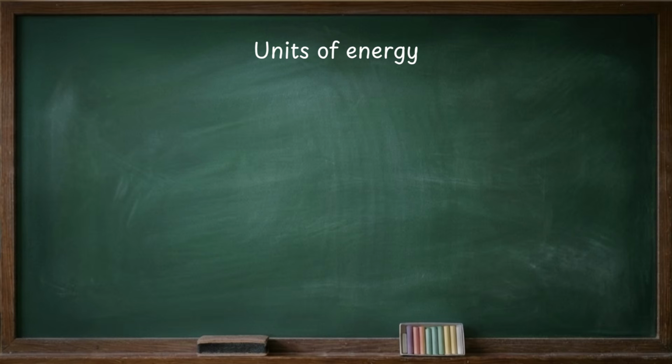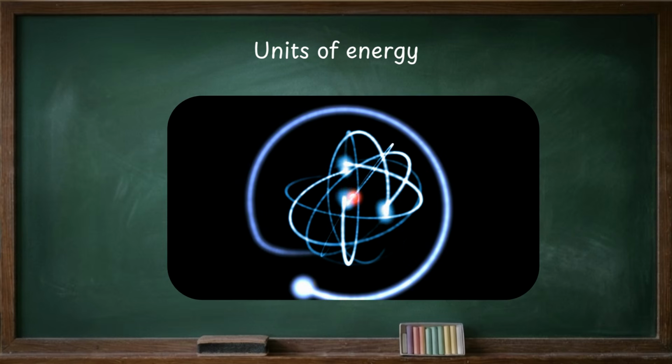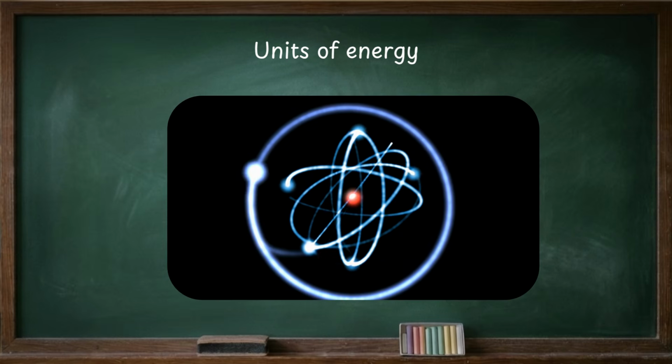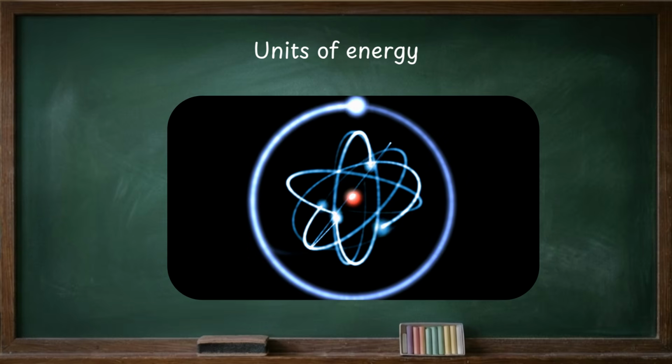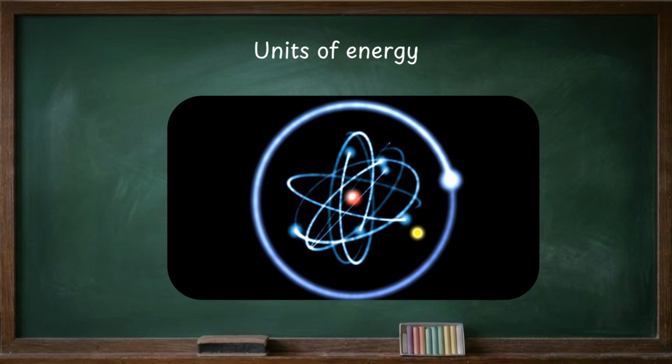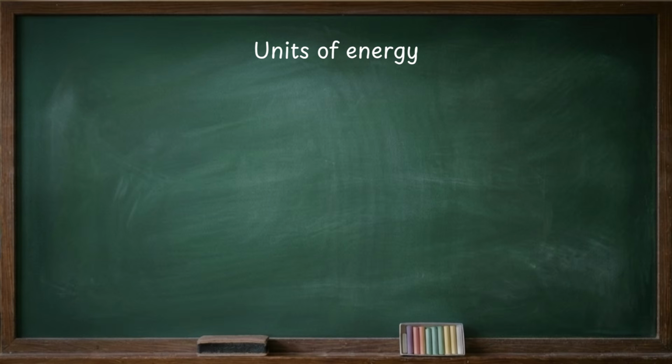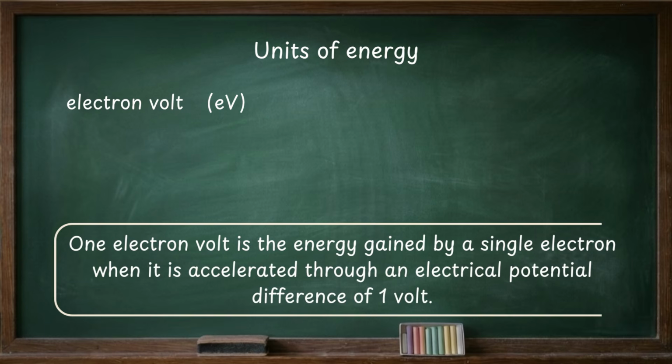But what if we zoom all the way down into the subatomic world? The energy of tiny atomic particles like electrons is so incredibly small that measuring it in joules wouldn't make sense. Instead, we use a unit called the electron volt. It is abbreviated as eV. 1 electron volt is the energy gained by a single electron when it is accelerated through an electrical potential difference of 1 volt.